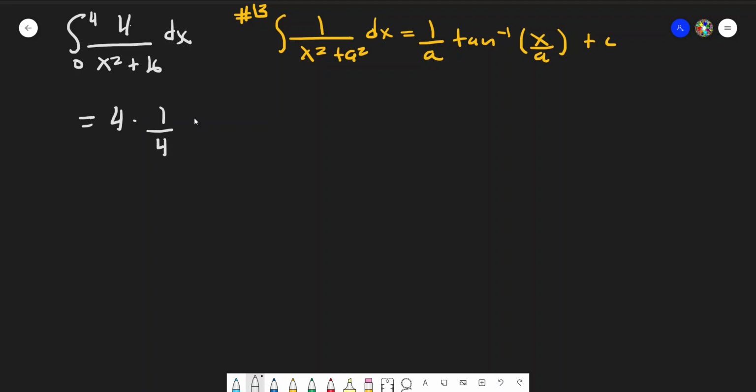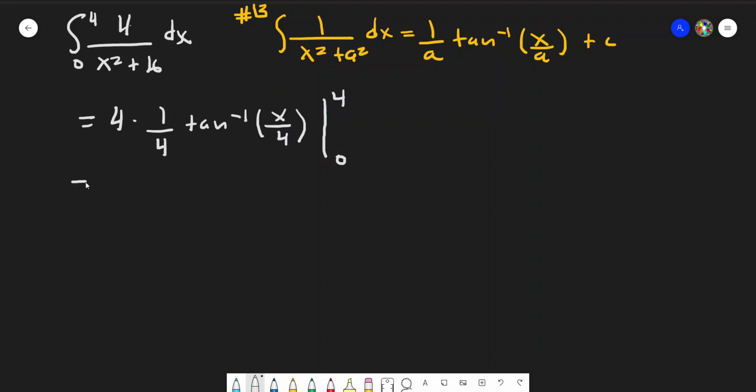You have 1/4. Then you have tangent inverse of x over 4. In this case the x is still there, so there's no need to account for chain rule technically. And then you just evaluate this from 0 to 4.